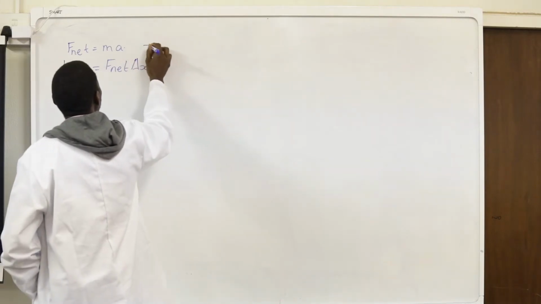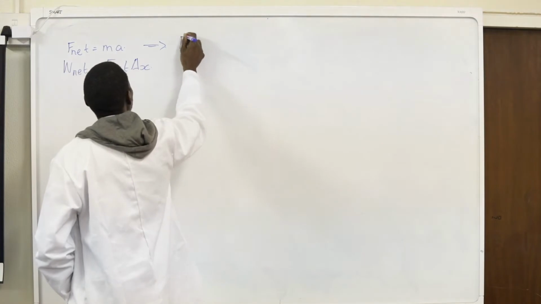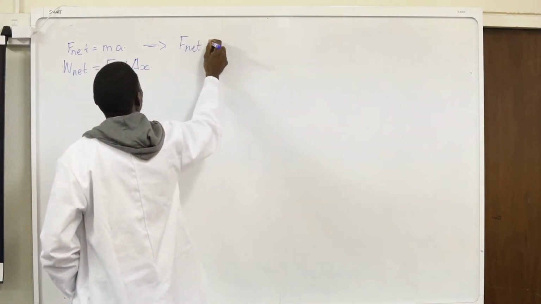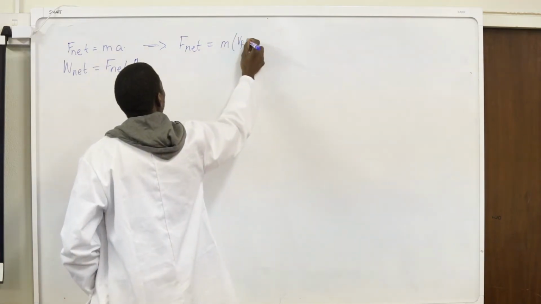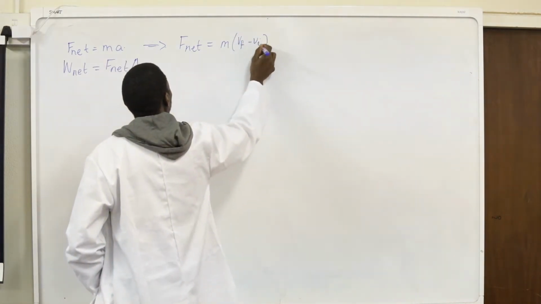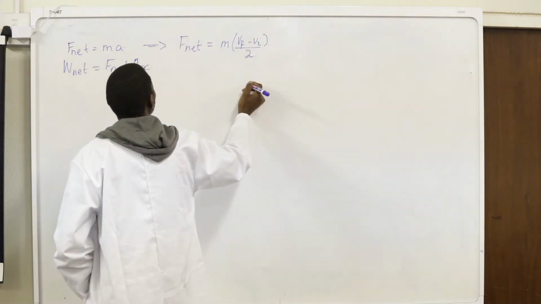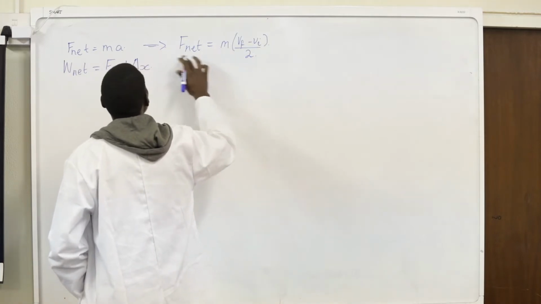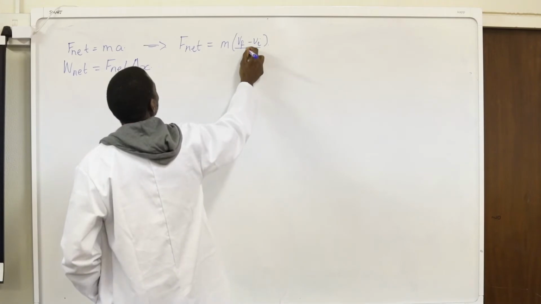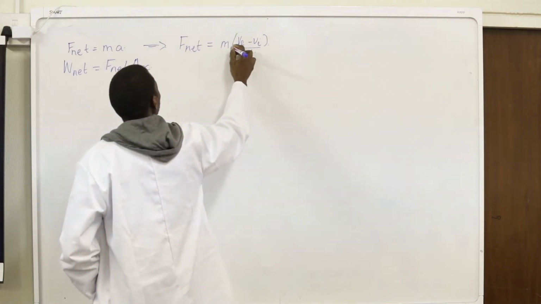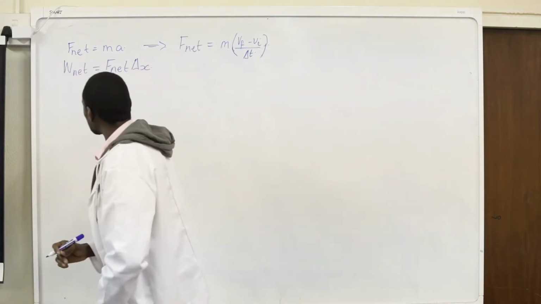If you take this equation and try to break it apart, you can end up with F net is equal to mass multiplied by velocity final minus velocity initial divided by change in time, which basically is the acceleration, but that's something else to think about.